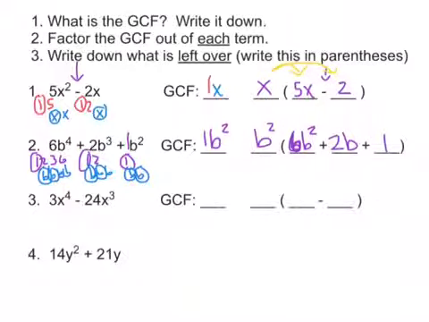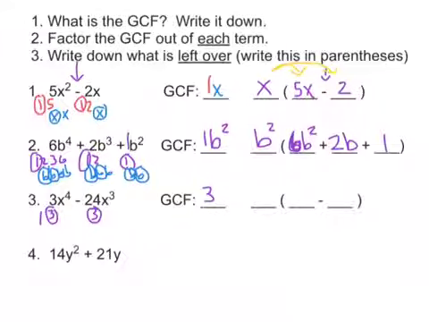All right, number 3. Again, we're looking for the numerical and then the variable GCF. So 3 has factors of 1 and 3. 24 has a lot of factors: 1, 2, 3, 4, 6, 8, 12, 24. But if I think ahead a little bit, I wouldn't need to list all those. There are only 2 options. It's either going to be a 1 for GCF numerically or a 3. Now since I know 3 is a factor of 24, I know that 3 is my common factor for the numerical portion.